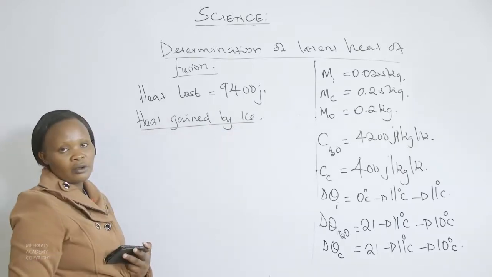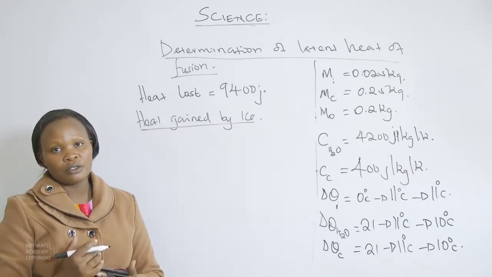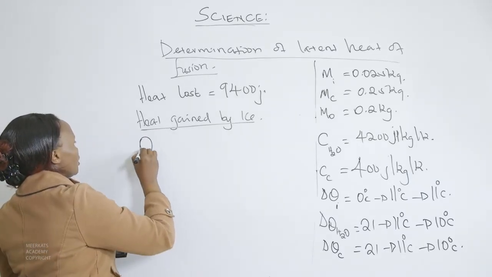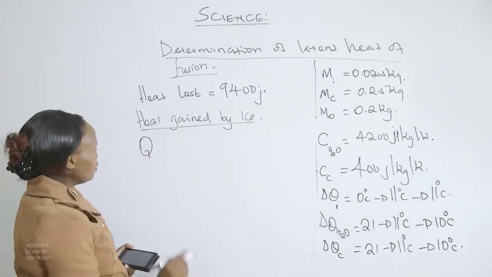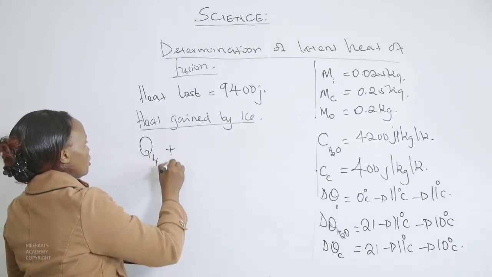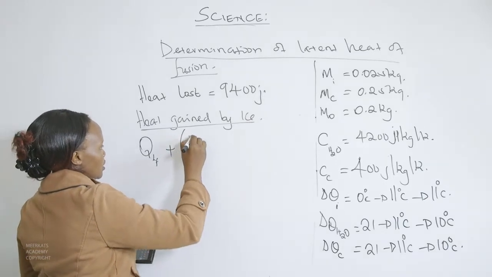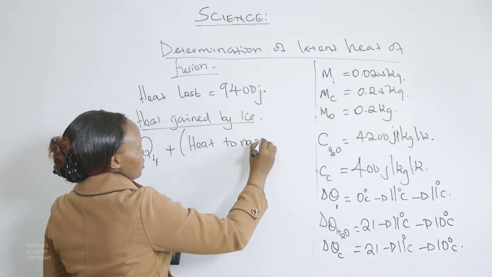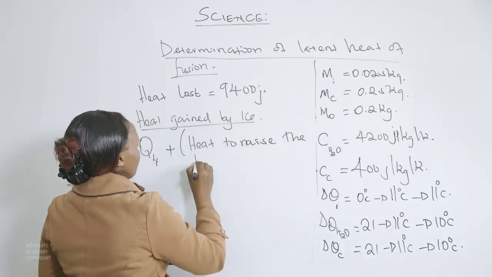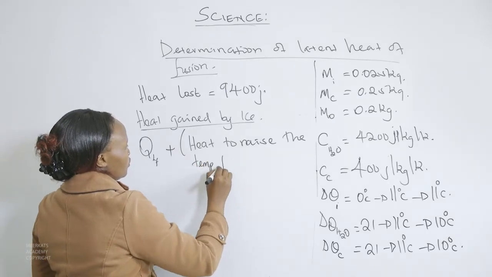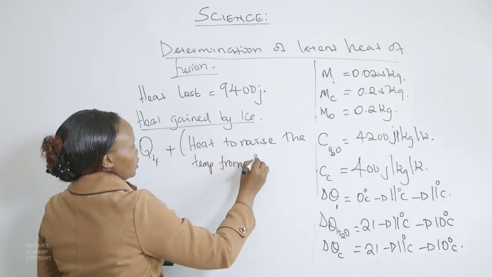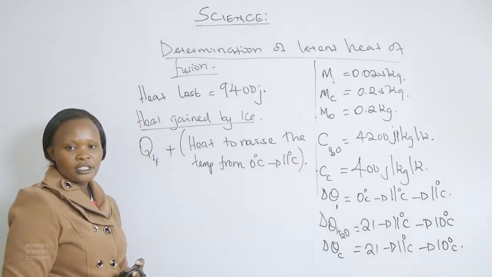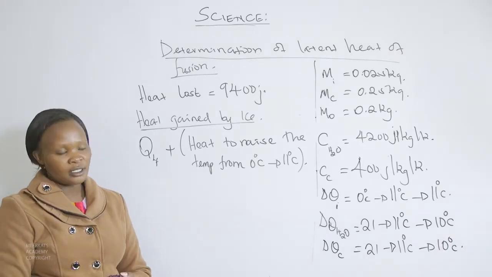We have been told our ice is 0.025 kilograms by mass. So now the heat gained will be the latent heat of fusion plus the heat to raise the temperature from 0 degrees centigrade to 11 degrees centigrade. That is how much our ice has gained.